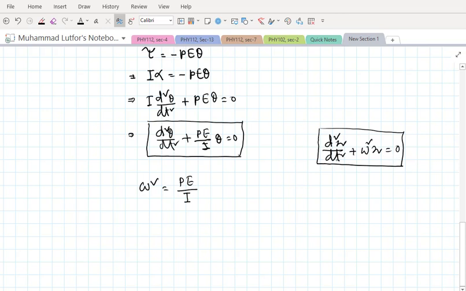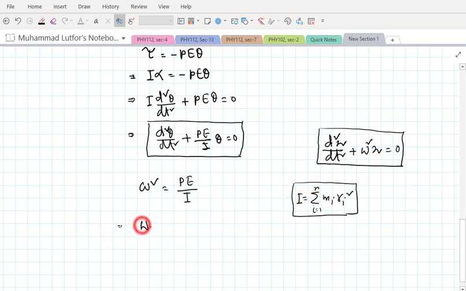We can find the moment of inertia of a point mass distribution, for a system of particles, as the sum of m_i r_i squared, where m_i is the mass and r_i is the distance from the rotational point.